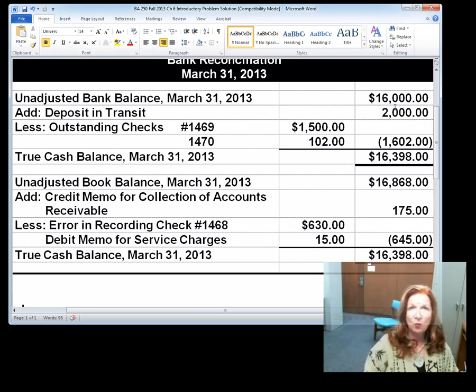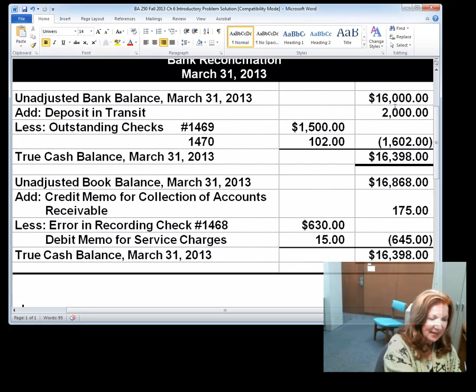Now the next thing is deposits in transit, and we want to add deposits in transit because those are deposits that are in our general ledger account, but they've not reached the bank by the time the bank printed this bank statement to send out to us. So when we look here at deposits, notice that on March 29th there was a $2,000 deposit, and that one was not in the bank statement just above it.